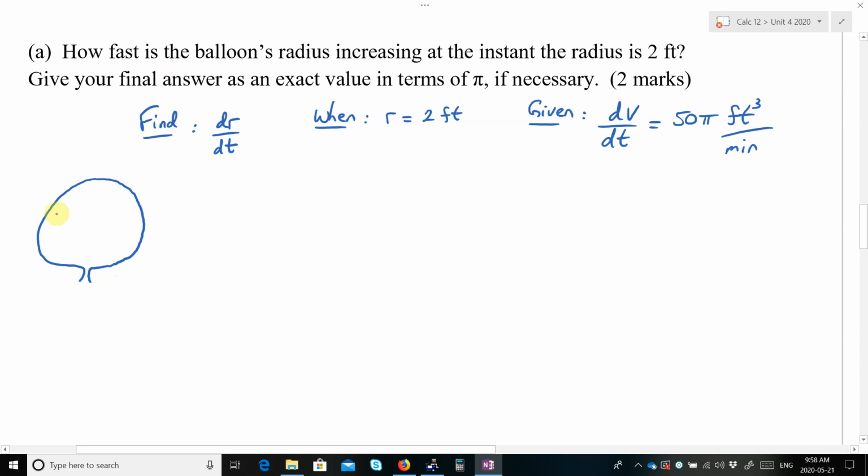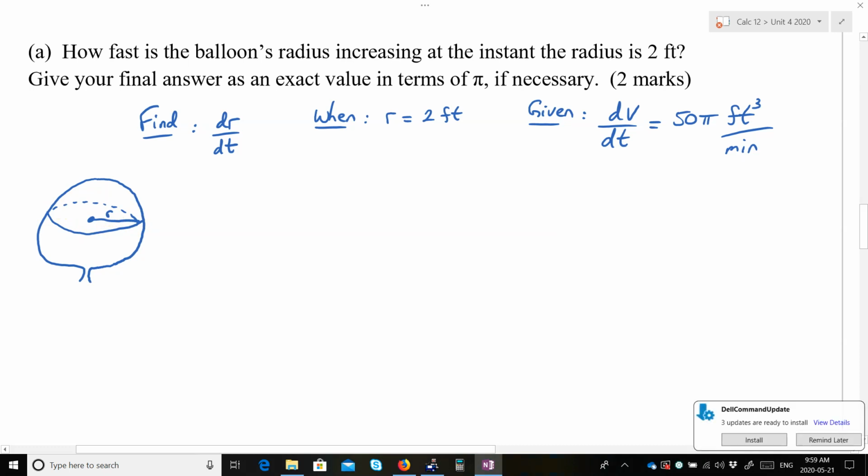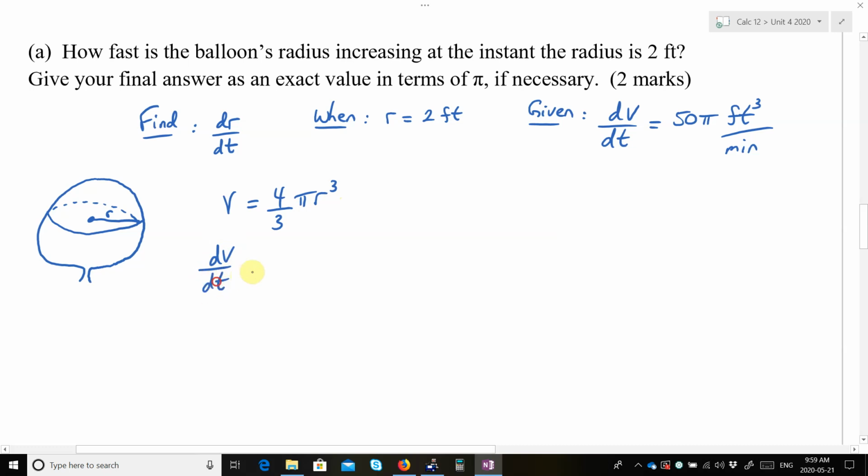Okay, so imagine this spherical balloon is what I'm trying to draw here. The volume of a sphere is 4/3 pi r cubed. Let's take the derivative of this with respect to time. So we would get dV/dt is equal to 3 times 4/3 is 4 pi r squared dr/dt.